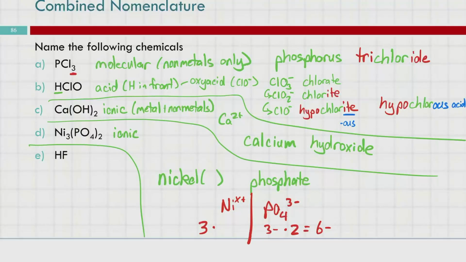We've got 3 of them, and we know that the charge is whatever X plus is. So 3 of them, they all have the same charge of some value, and it has to balance out 6-. So it's balancing out with a 6+. So 6+ equals 3 times whatever the charge of the nickel is. So the charge of the nickel is going to have to be 2. So it's nickel(II) phosphate.